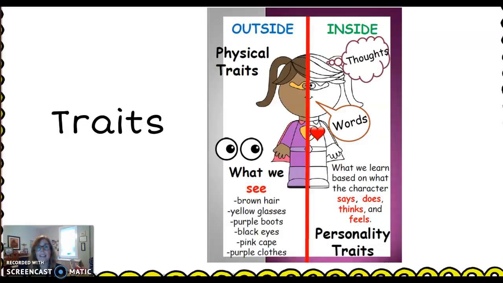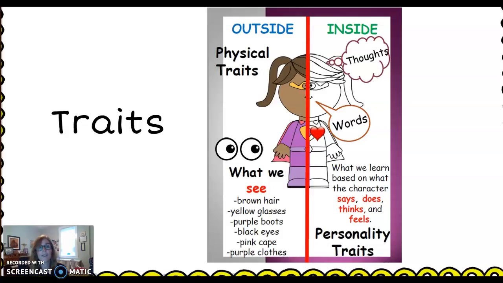But there are things on the inside as well. Traits on the inside might be what a character is thinking or feeling. And you might say, well, if they're on the inside, Mrs. Spencer, how are we going to know what these traits are? Great question. We can tell by what the character is saying or doing in the story, or maybe some of the reactions they have.